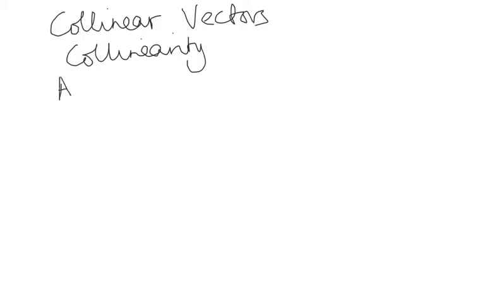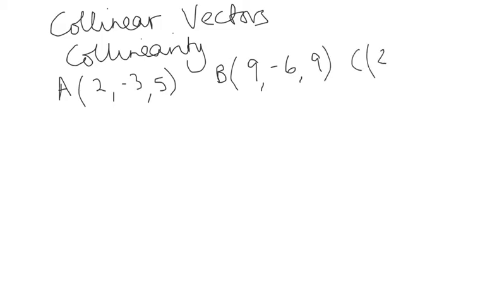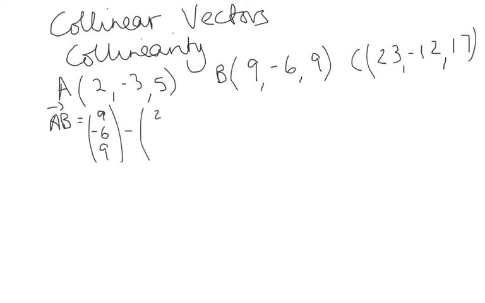So if we're going to prove that A (2, -3, 5), B (9, -6, 9), and C (23, -12, 17) are collinear, we can work out the position vector AB, B minus A: (9, -6, 9) minus (2, -3, 5). 9 subtract 2 is 7, -6 subtract -3 is -6 add 3, which is -3, and 9 subtract 5 is 4.